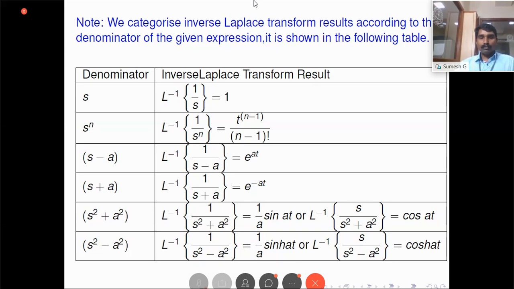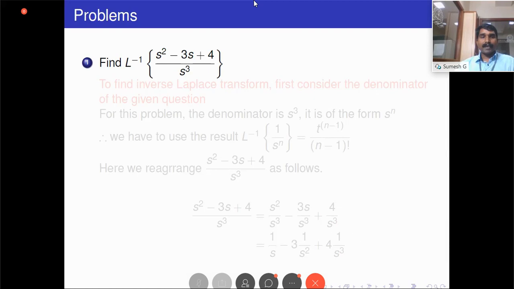We move on to problems. Find the inverse Laplace transform of s square minus 3s plus 4, all divided by s cube. First we have to look into the denominator of the question. Here the denominator is s cube, that is of the form s raised to n.